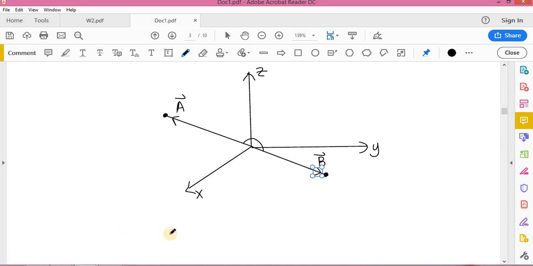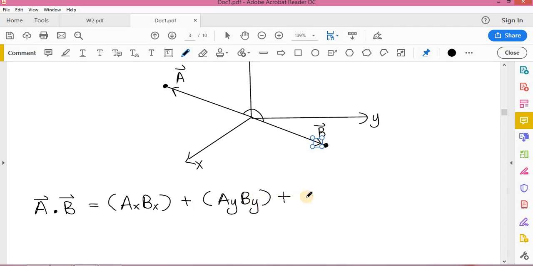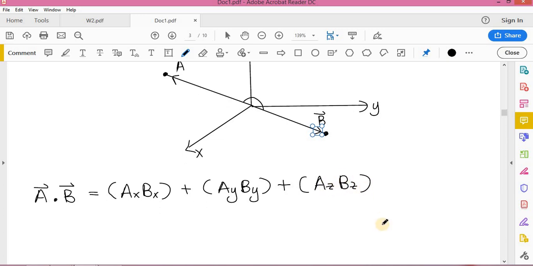The formula is A dot product B equals AX, I think you know what AX means, times BX, added together with AY times BY, added together with AZ times BZ.